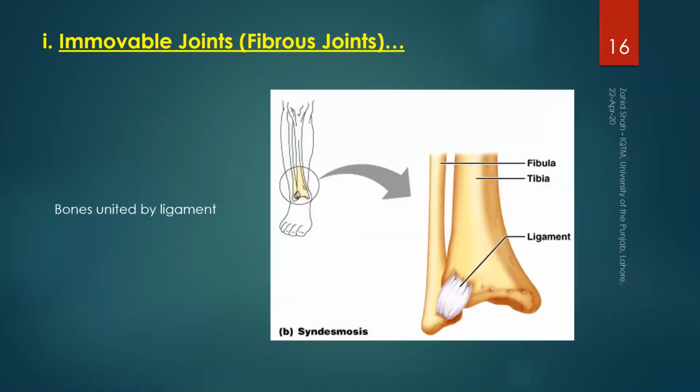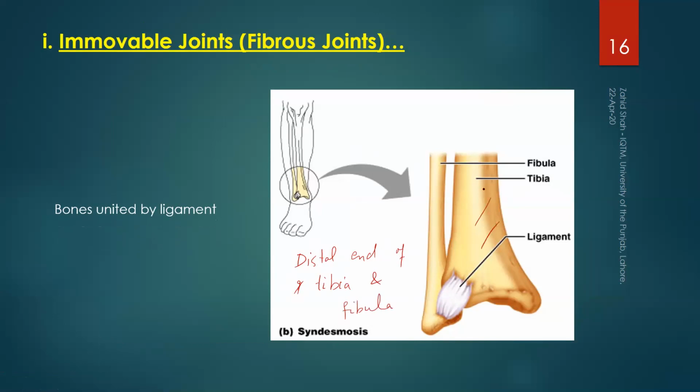Another example of an immovable joint is the joint at the distal end of the tibia and fibula.